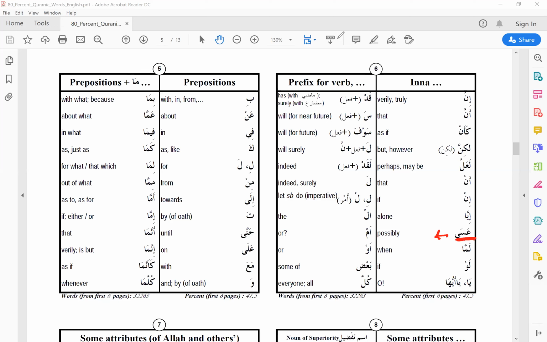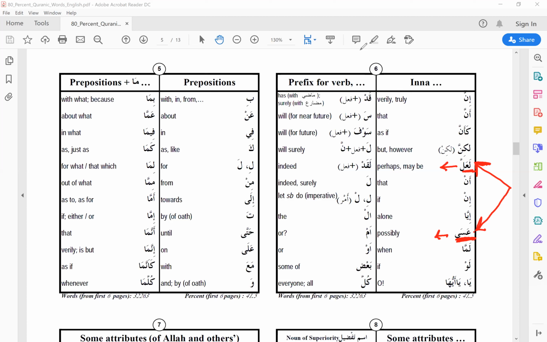So asa would be very similar to la'alla, but this one is more of, you know, you've got that tarajjin, but this one, asa, is possibly, maybe. You're putting that hope, but asa is, you know, it can happen. The probability is lower, but it can happen.